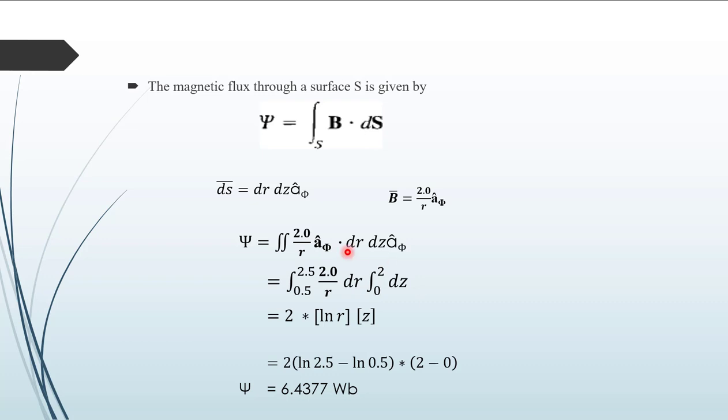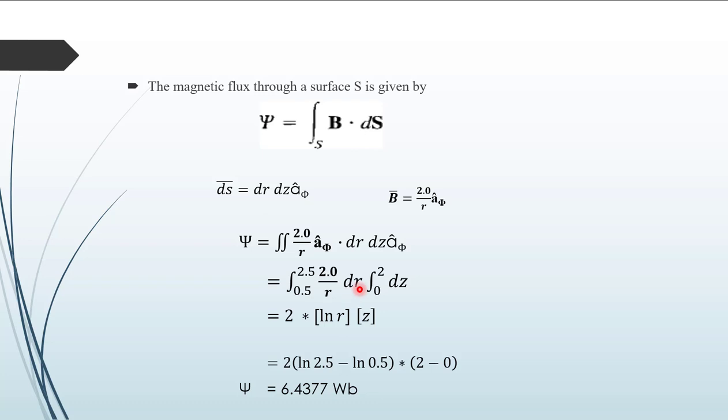We can apply integration to separate terms. Let us take 2 times integral of 1 upon r dr, with limits for r from 0.5 to 2.5. Similarly, we can integrate dz separately, with limits 0 to 2.